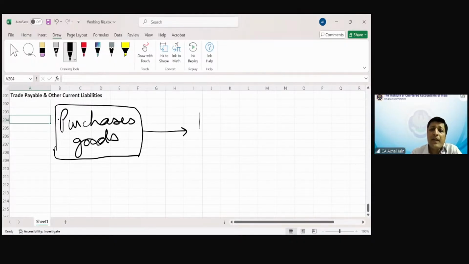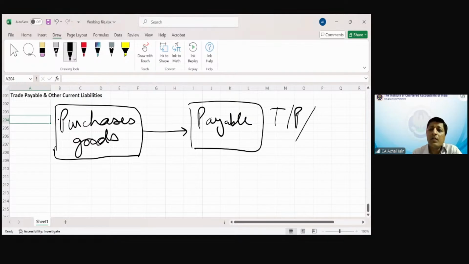And there's a payable in respect of that. What do you call it? Trade payable or creditors. Yeah. So actually, we are talking about a cycle once again. And what is that? Procurement linked to the payable.